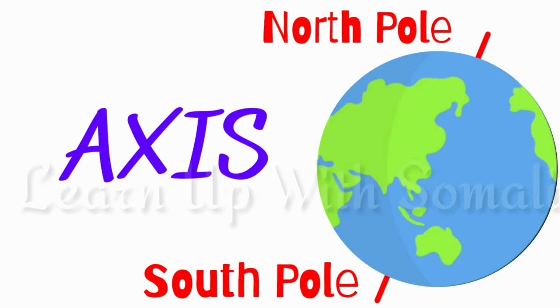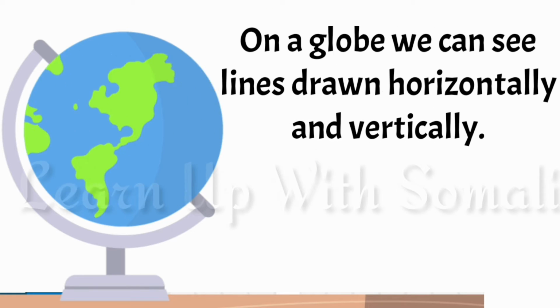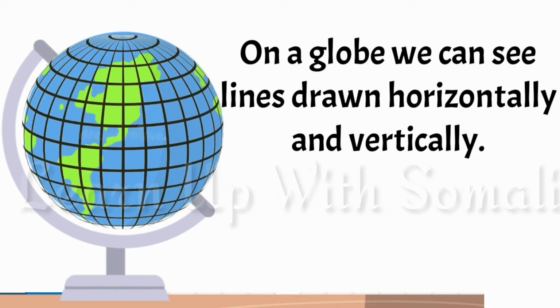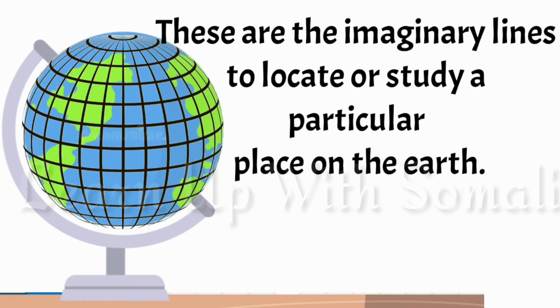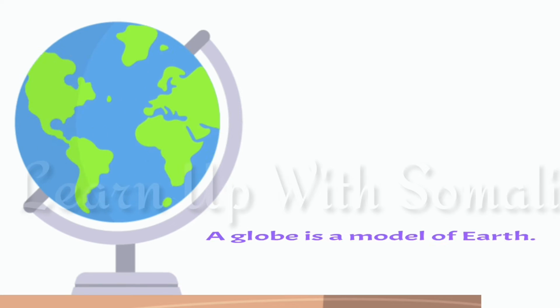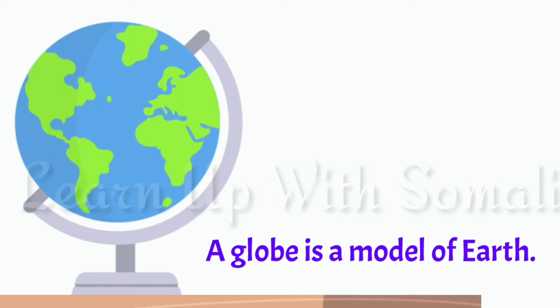On a globe, we can see lines drawn horizontally and vertically. These are the imaginary lines to locate or study a particular place on the Earth. A globe is a model of Earth.